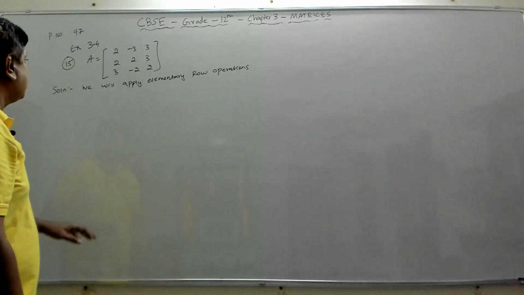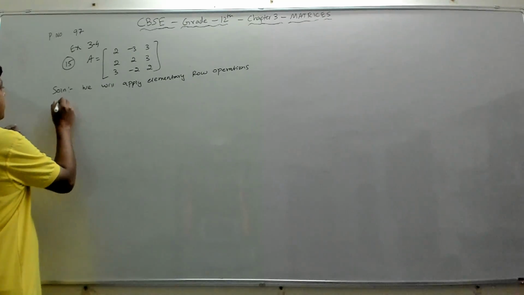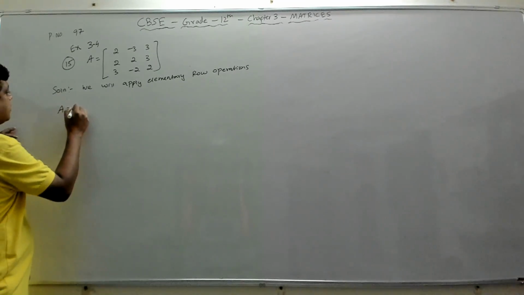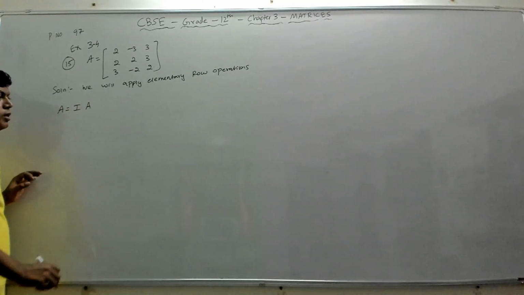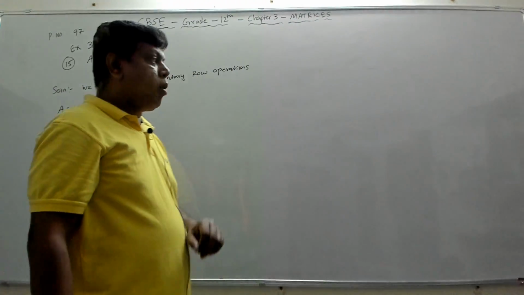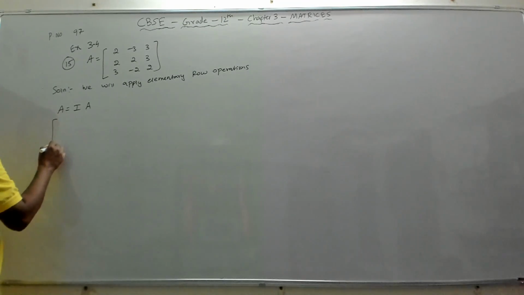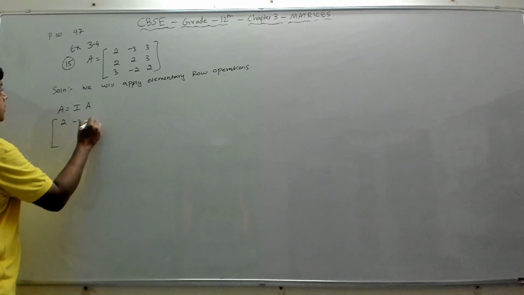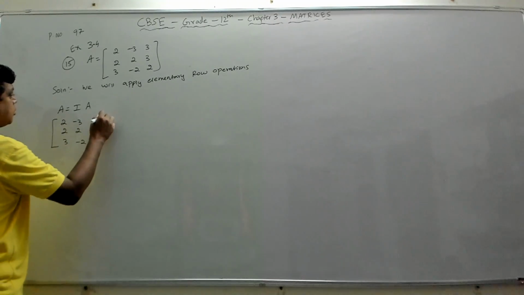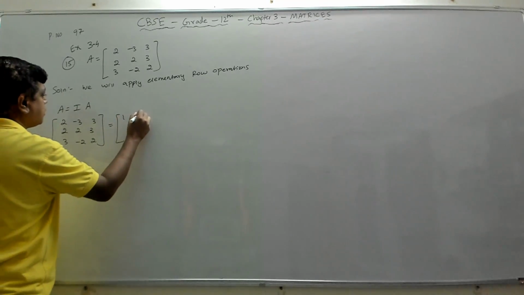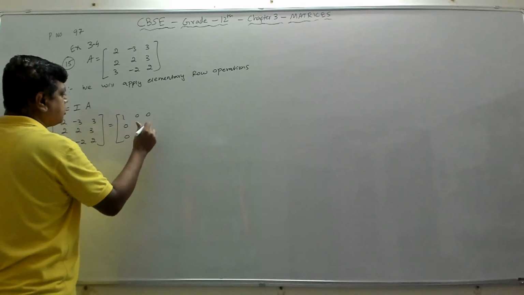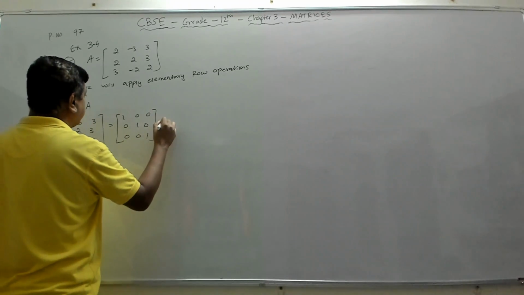Now to apply the row operation, the first step is to write our matrix A as I into A. So matrix A, I'm going to write here: 2, -3, 3; 2, 2, 3; 3, -2, 2, equal to I, the identity matrix with rows 1, 0, 0; 0, 1, 0; 0, 0, 1, times A. You should write A as it is.